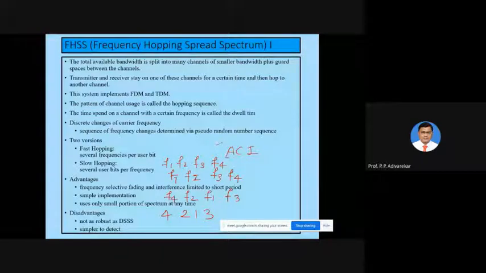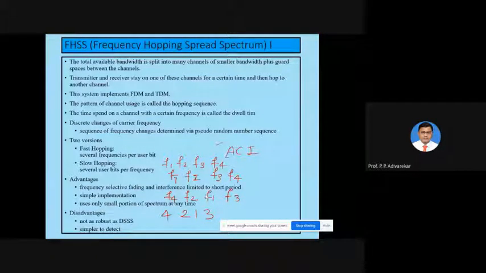This sequence or pattern of channel usage is called a hopping sequence. So that varies. Sometimes we use the same channel again, like F4, F2, F1, then again F3, and I might use F4 again. This may also happen so that frequency selective fading can be avoided.